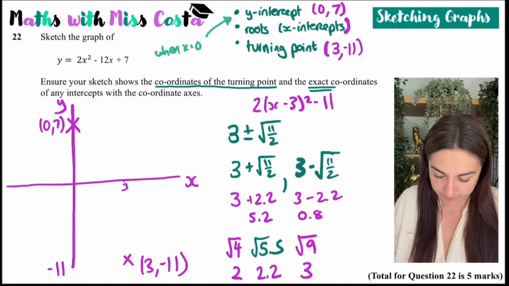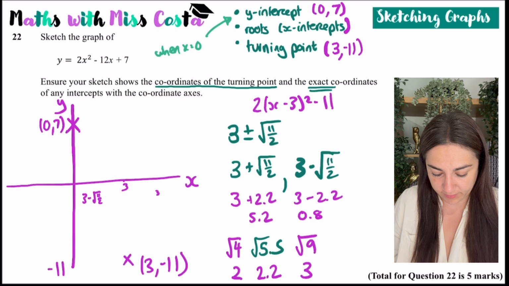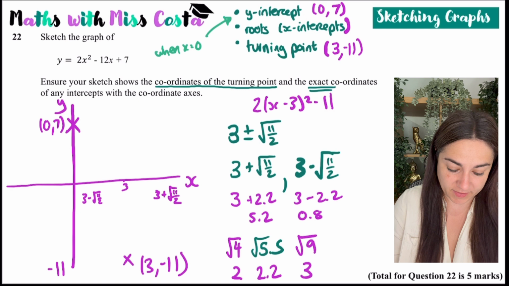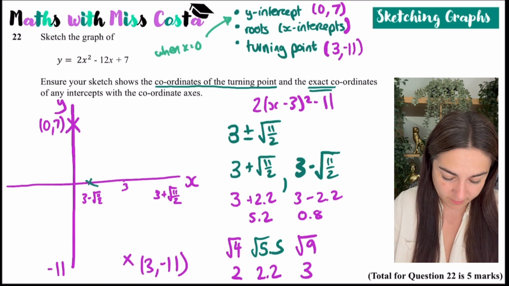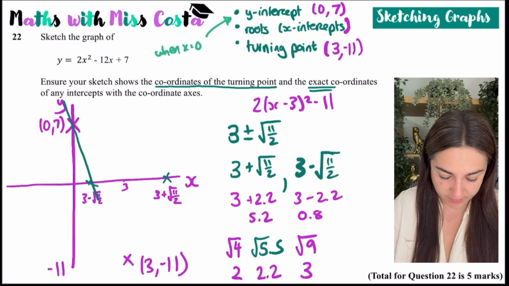So I've got 3 minus root 11 over 2 and 3 plus root 11 over 2. And then I'm just going to join it all together with a nice curve.